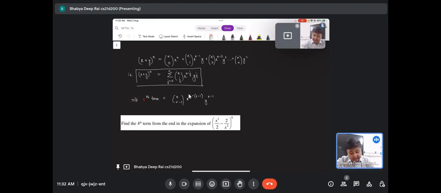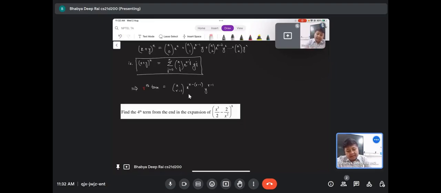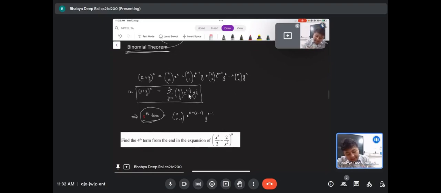So now we want to find what is called the rth term. Observe that in the binomial expansion, here j is 0, here j is 1, j is 2, and so on. Since it begins from 0, there are n plus 1 terms in all.